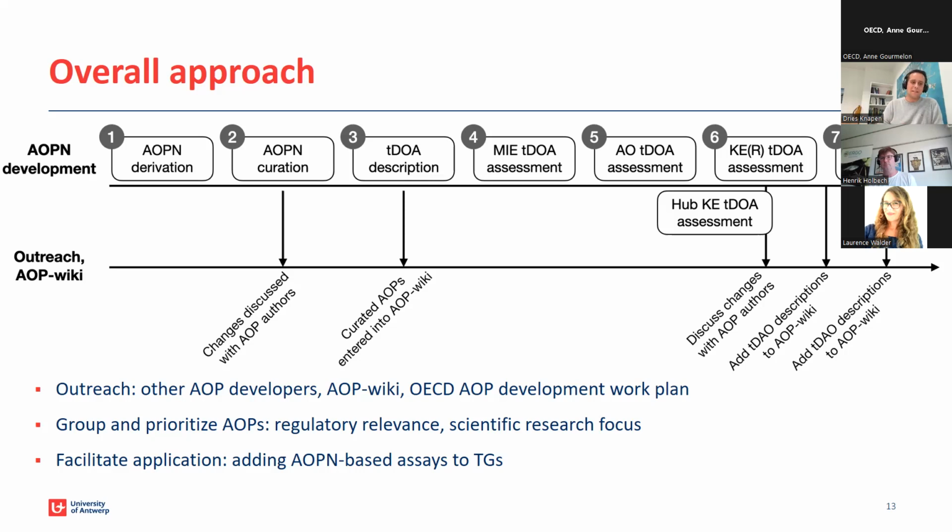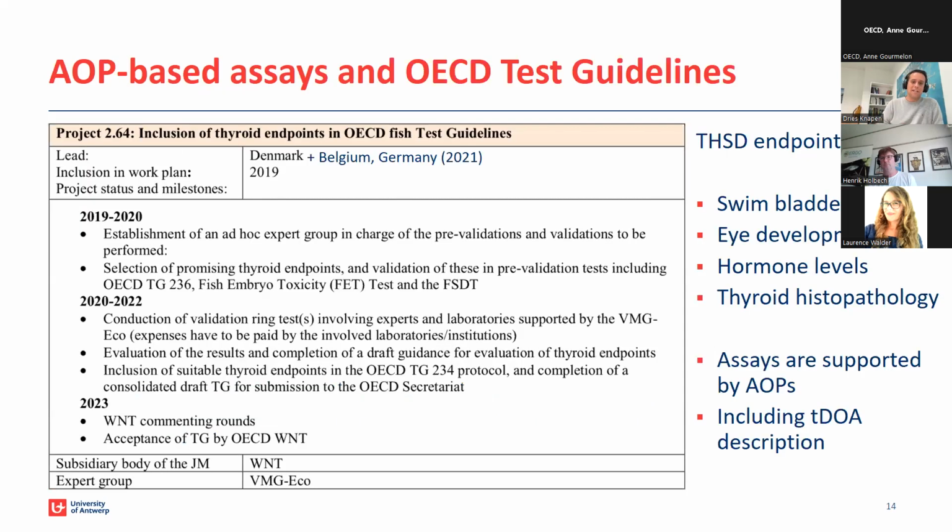On the next slide, I am giving one example of how we are approaching that. This is a project of the OECD's test guidelines work plan, project 264, on the inclusion of thyroid endpoints in existing OECD fish test guidelines, including some of the embryo test guidelines that Henrik mentioned in his presentation.